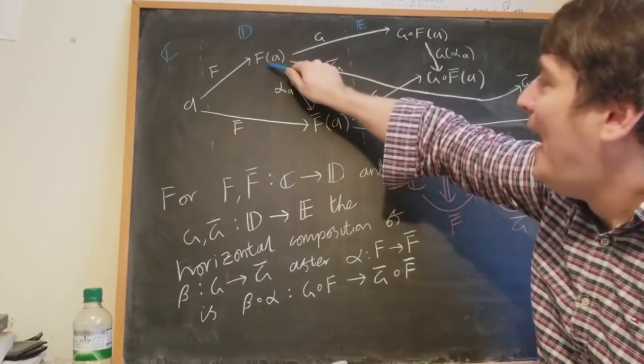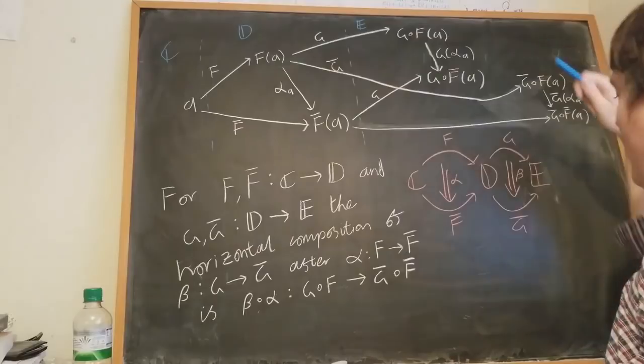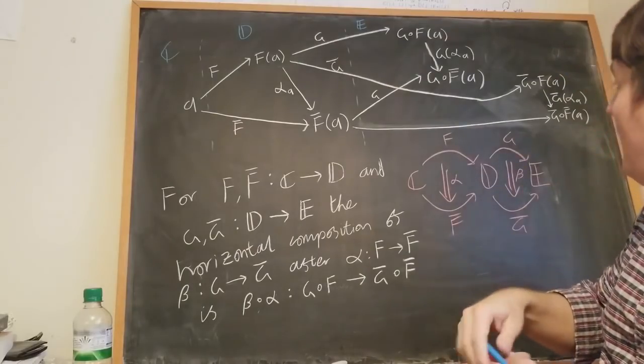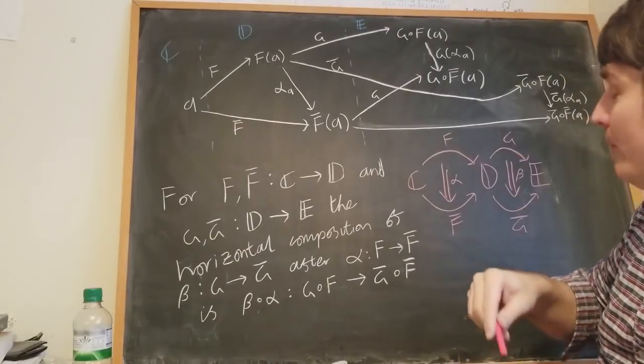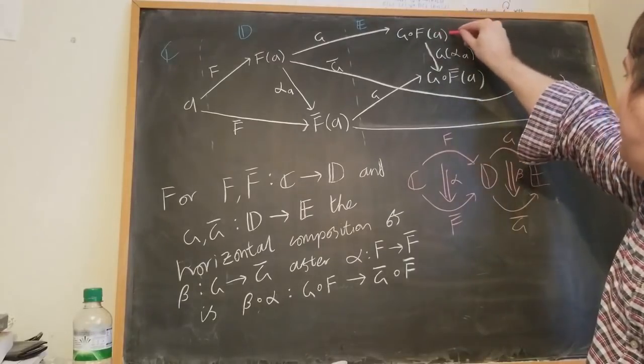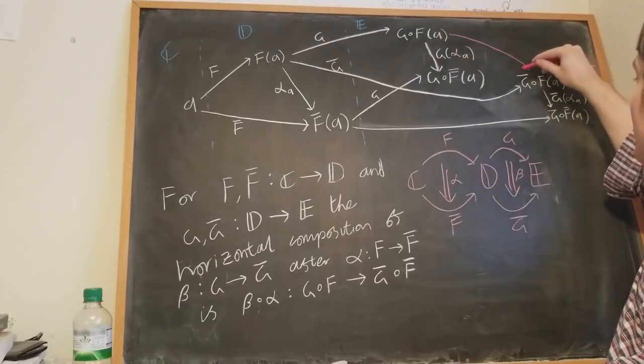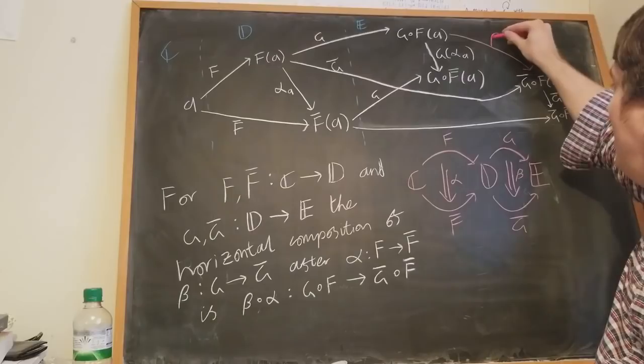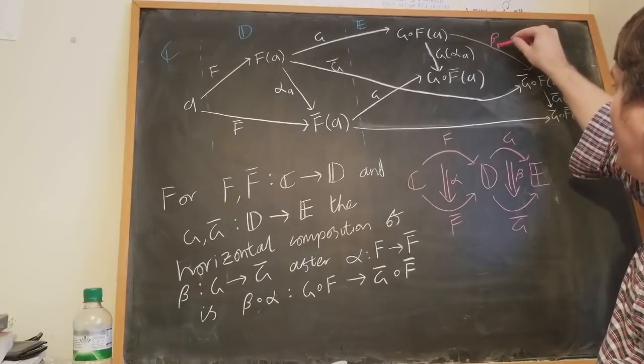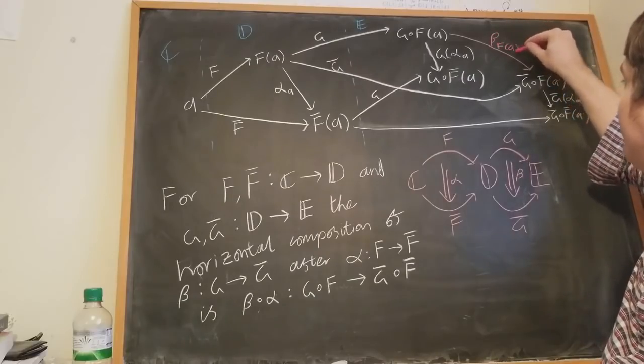So the F of A component of beta is going to be an arrow which goes from here to here. This is going to be beta of F of A.